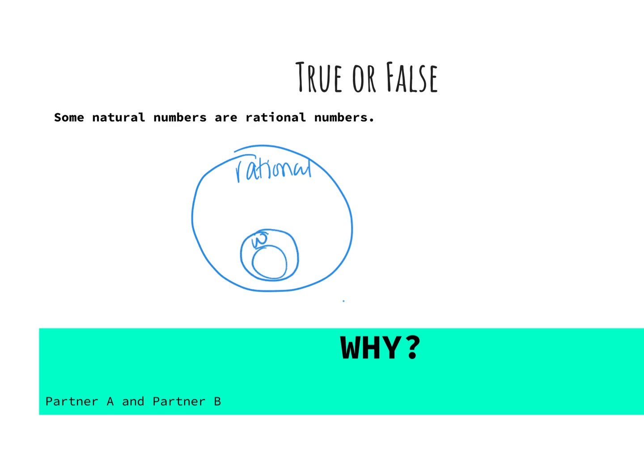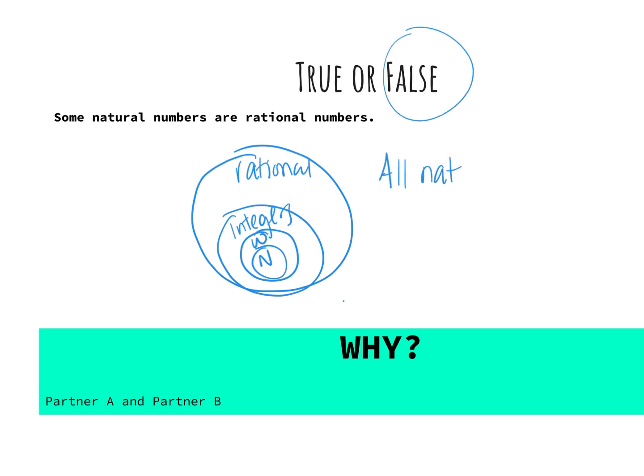Remember, these are the natural numbers, and these were the integers. So to say that some natural numbers are rational numbers can't be right because it's really all natural numbers. So in this case, it has to be false because it really should be all natural numbers are rational.